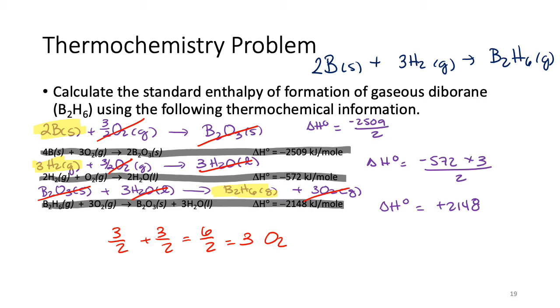Now I got 35.5. After I fix my syntax error, my delta H is going to be 35.5 kilojoules per mole. Okay, that is what I got after this calculation.